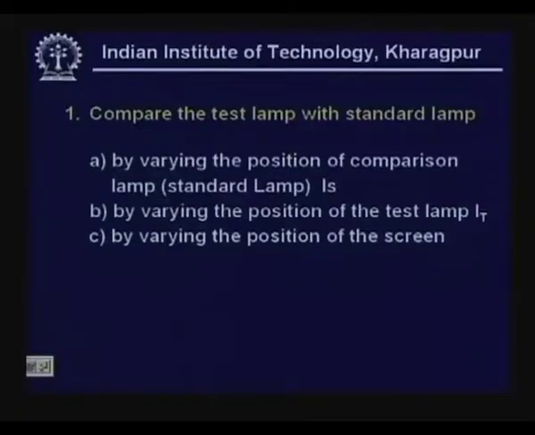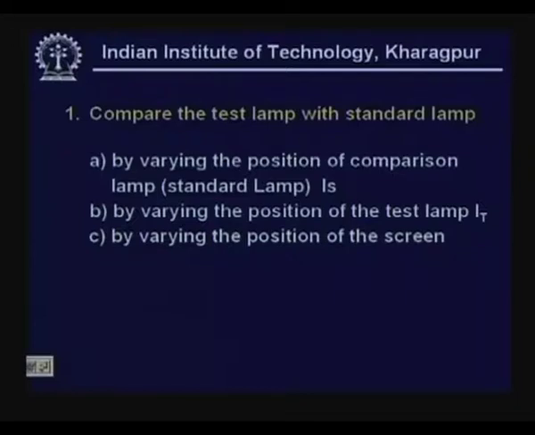Then what do we do? There are various ways of doing this. The first and simplest one is to compare the test lamp with the standard lamp on the photometric bench simultaneously. One could vary the position of the comparison lamp, or the other could be varying the position of the test lamp. The third could be varying the position of the screen.